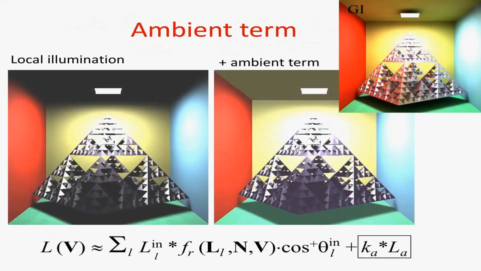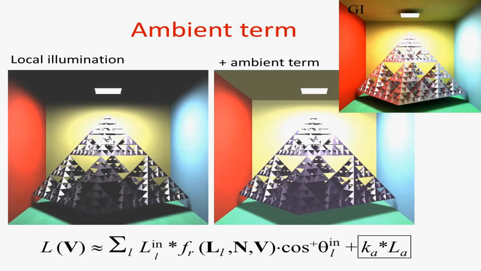In the local illumination model, all surfaces that are not directly visible from the light sources are completely black. However, this is against our everyday experience, where some light indirectly illuminates even the hidden regions as well.